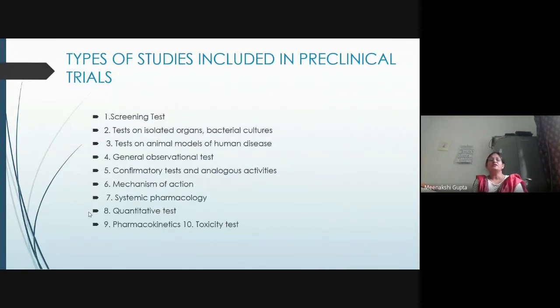Next we'll discuss the types of studies included in preclinical trials.